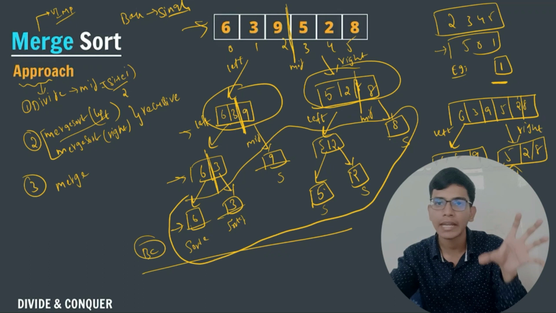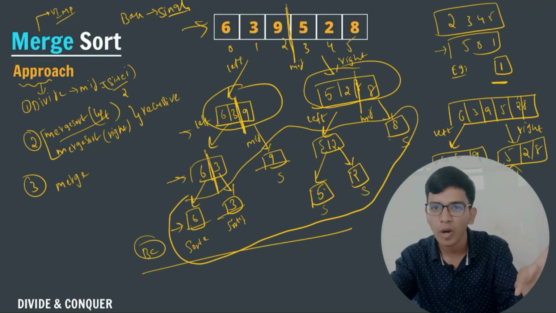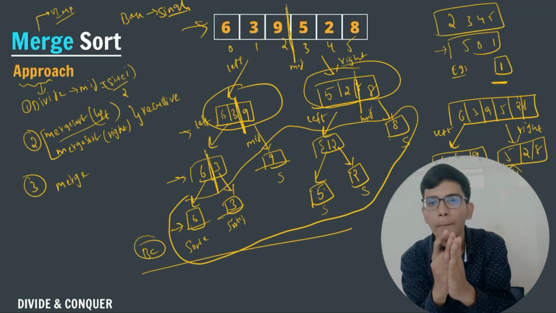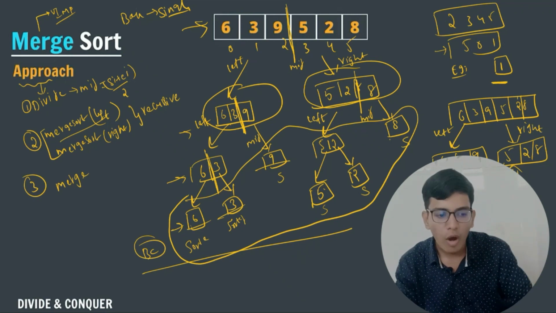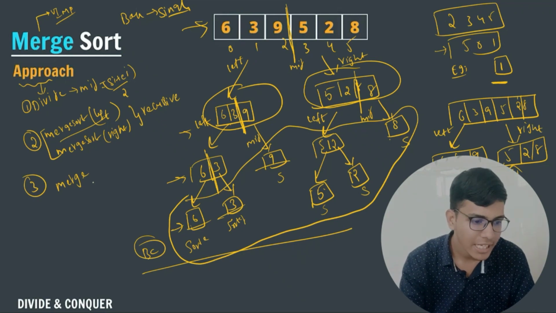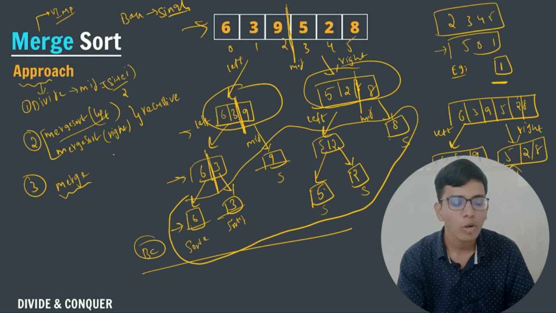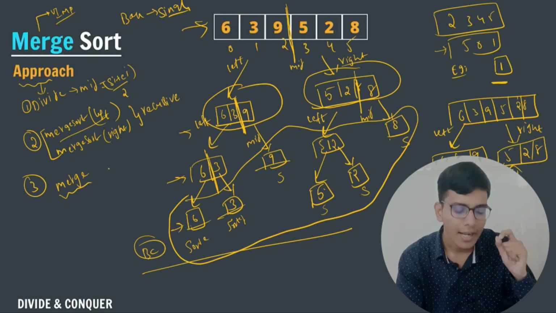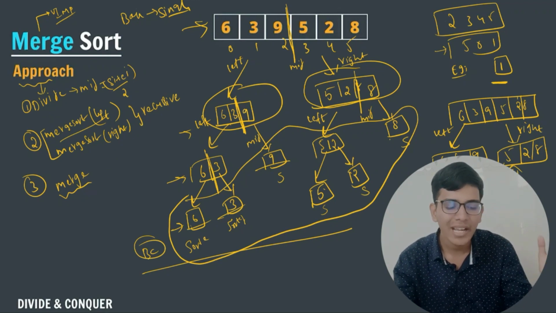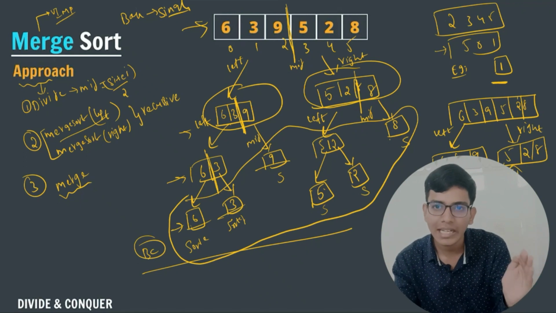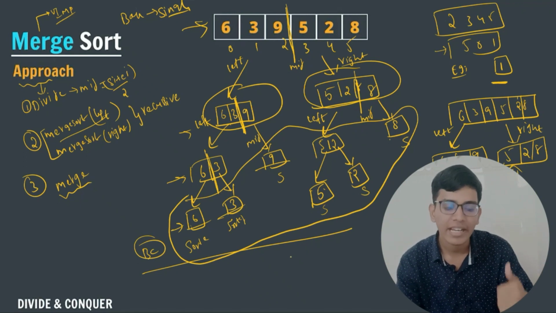After finding the solution of the small pieces, we need to combine all the solutions. For combination, I create a function called merge. Merge will combine all the single elements and give us the final array.